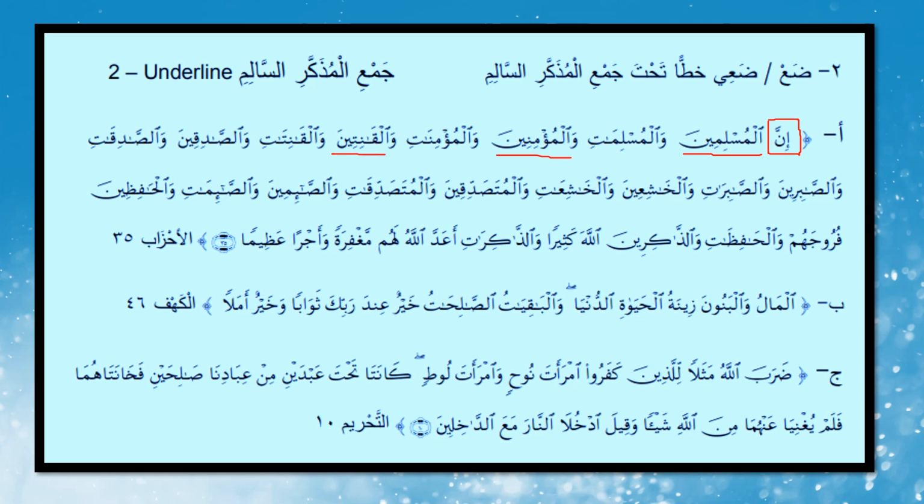Qanitat is the Muannas. Sadiqeen for the males, Sadiqat for feminines, Sabirin, Sabirat is for feminine, Khashi'een, Khashi'at is for feminine.